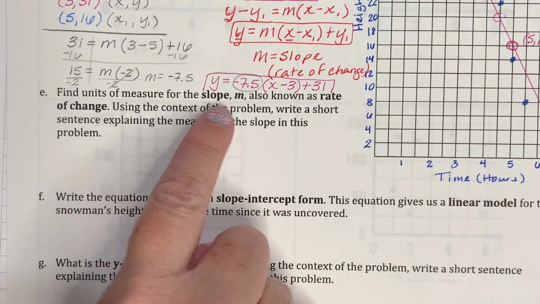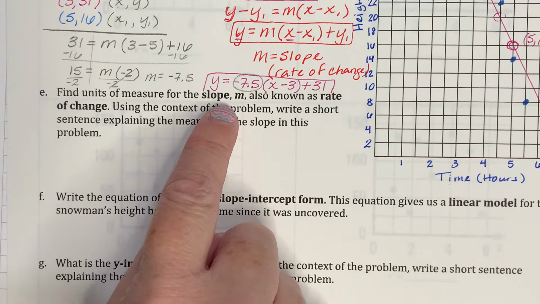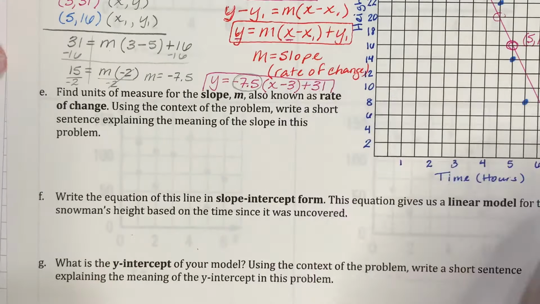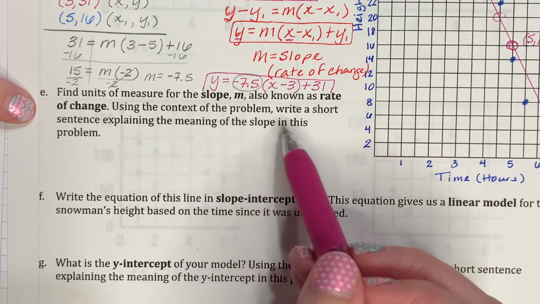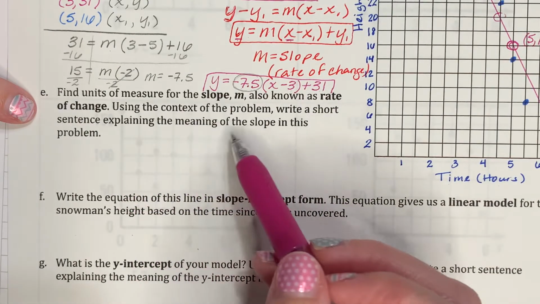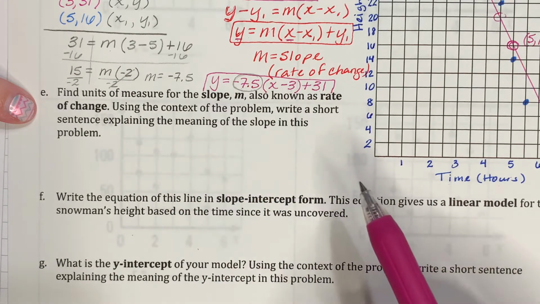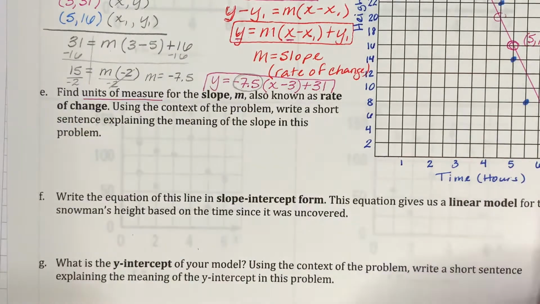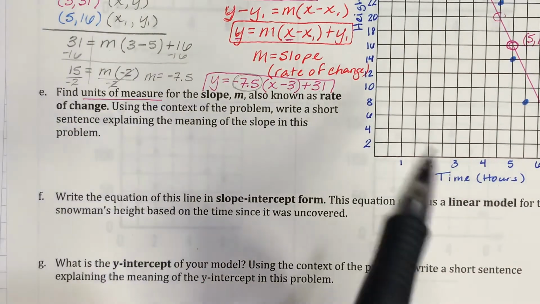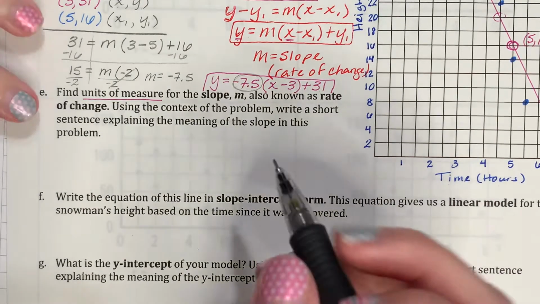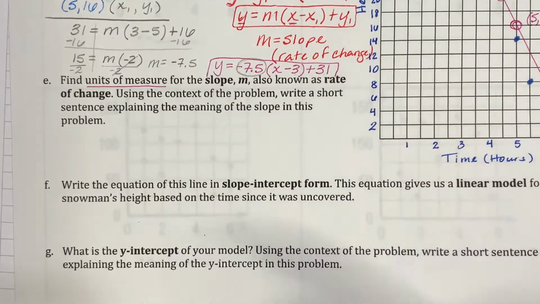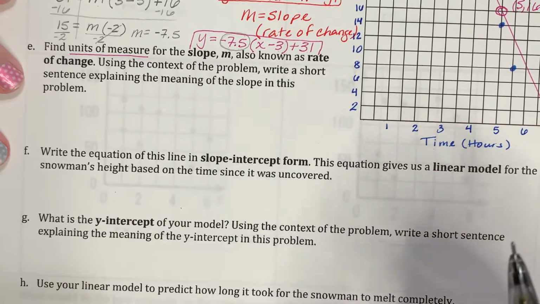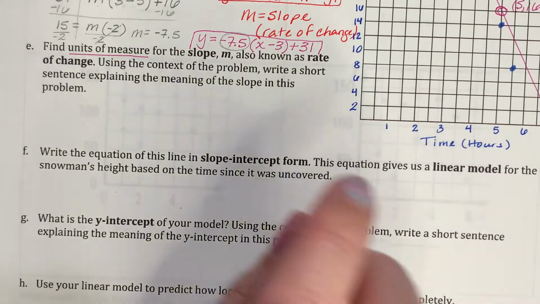Find the units of measure for the slope, m, also known as rate of change. Using the context of the problem, write a short sentence explaining the meaning of the slope in this problem. So when it wants the units of measure, that wants us to say, at what rate is he decreasing? Any rate of change is a change in y over a change in x. Let's make a note of that off to the side.